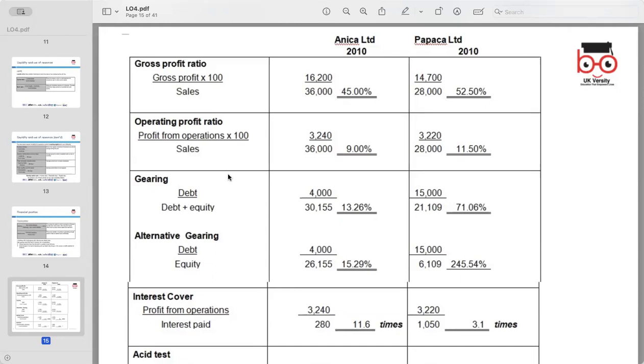Similarly, the operating profit ratio assesses the profitability of core operations by dividing profit from operations by sales and multiplying by 100.